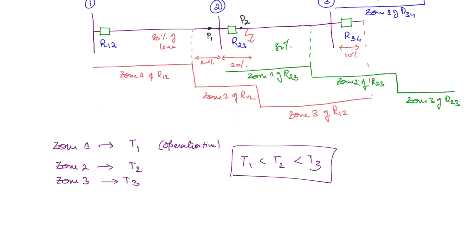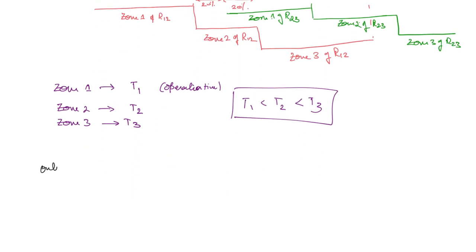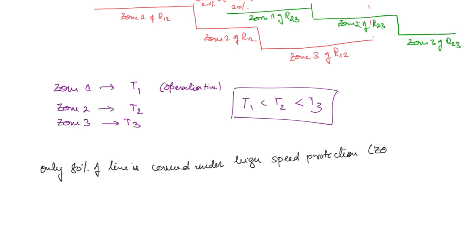You can write this point: only 80% of the line is covered under high speed protection, that means zone 1. This is because the relay will not be able to differentiate.